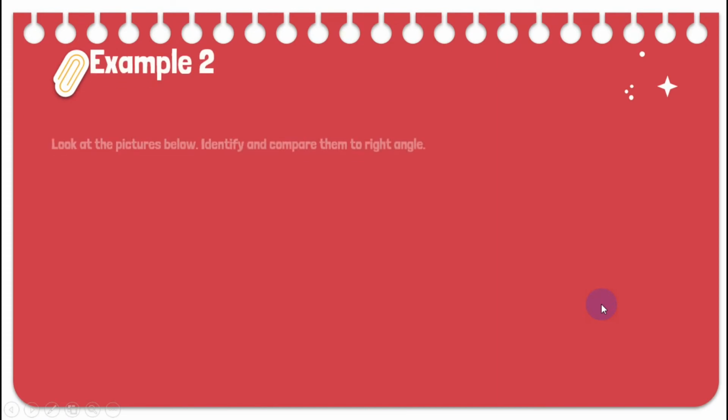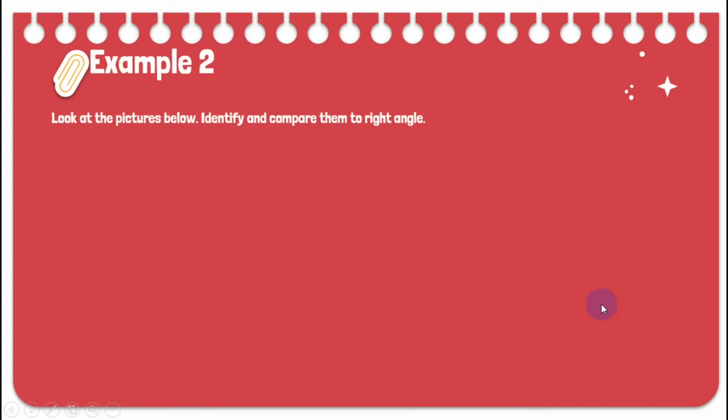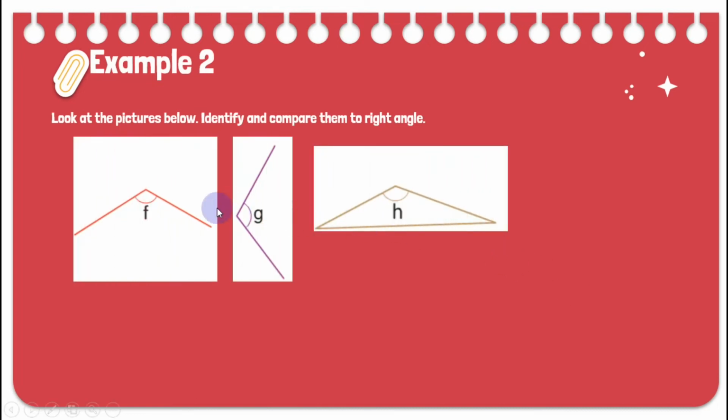Example 2. Look at the pictures below. Identify and compare them to a right angle. F, G, H. F, if we use the paper that has right angles, of course F is greater than a right angle.